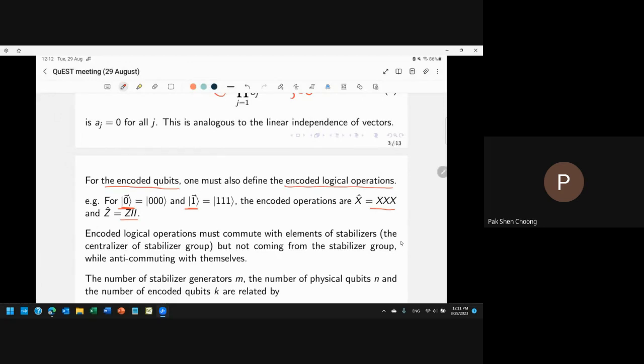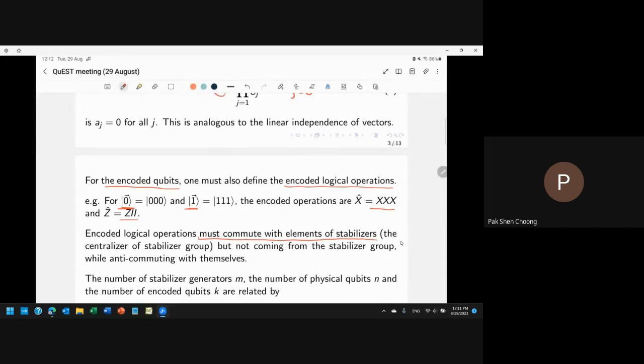The first thing is that your encoded logical operations must commute with your stabilizers. Otherwise, your stabilizers will detect your logical operations. In other words, your encoded logical operations must be in the centralizer of the stabilizer group.